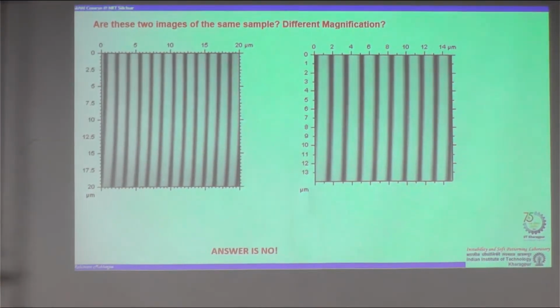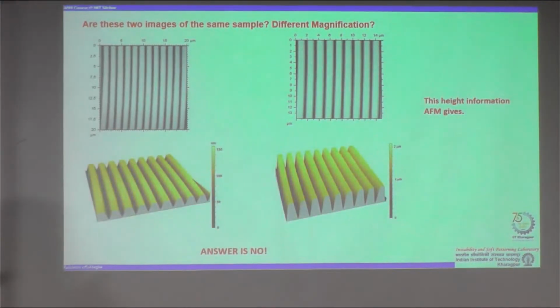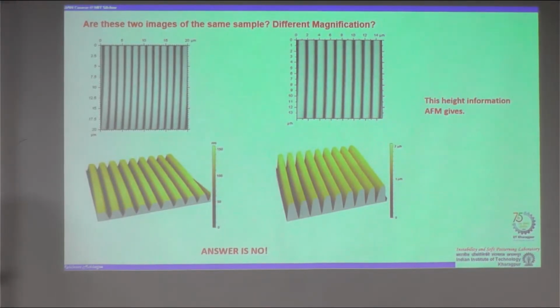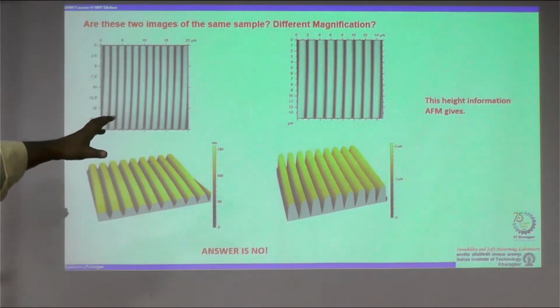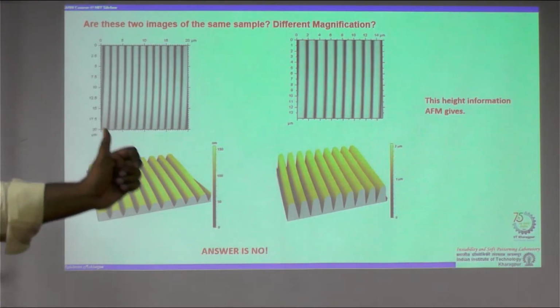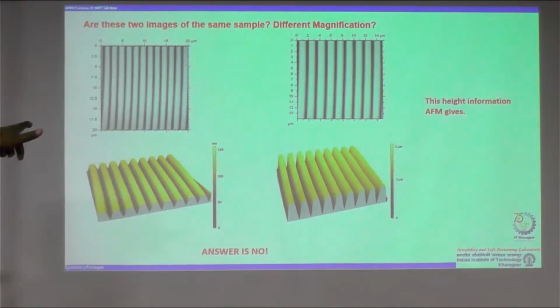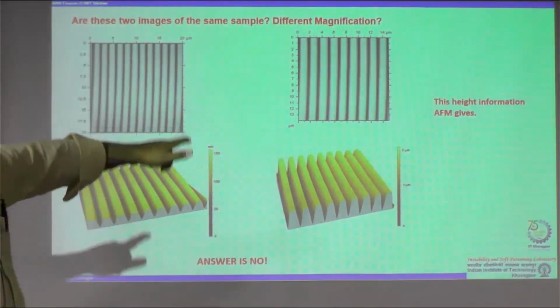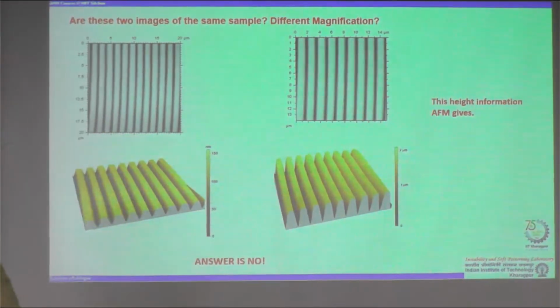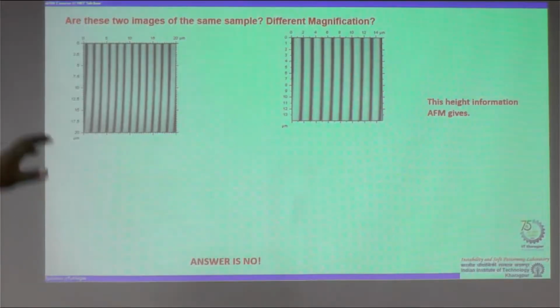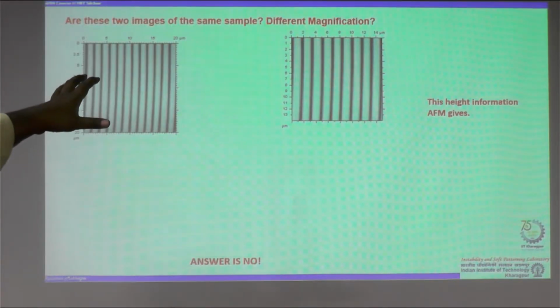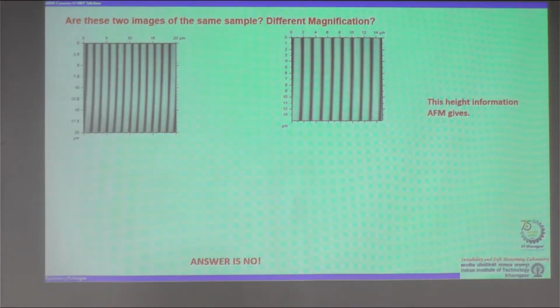So the ground reality is they are actually different. How are they different? Now you see, with the help of some instrument, which is this microscope I'm going to talk about, one has a height of about 150 nanometer, while the other has a height of about 2 micron. But when you just look into any regular microscope, everything will appear to be roughly the same, because the information about the third dimension is missing.